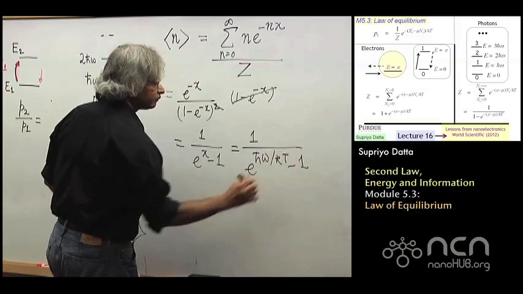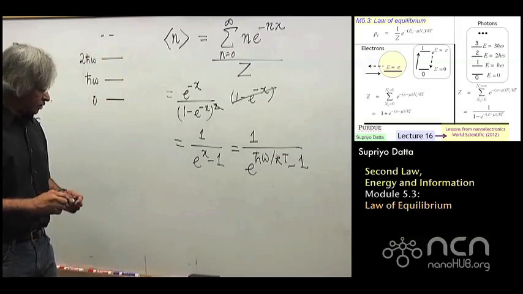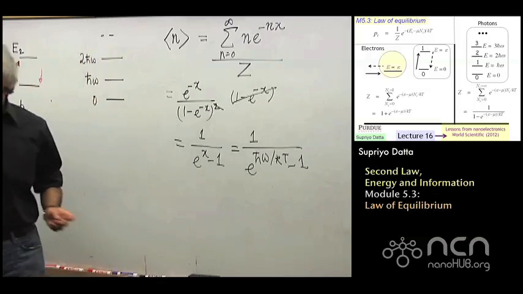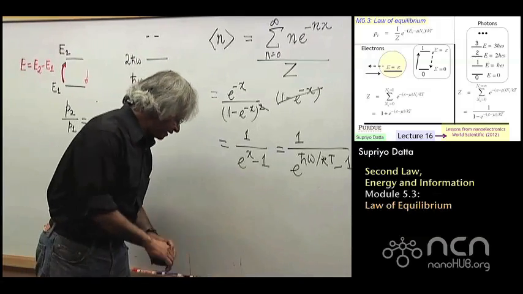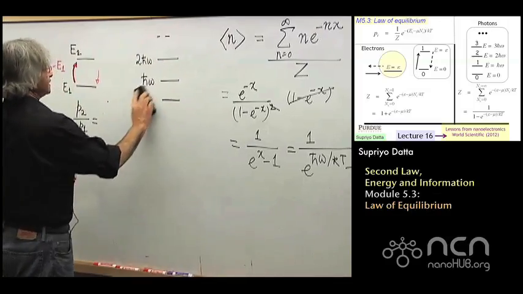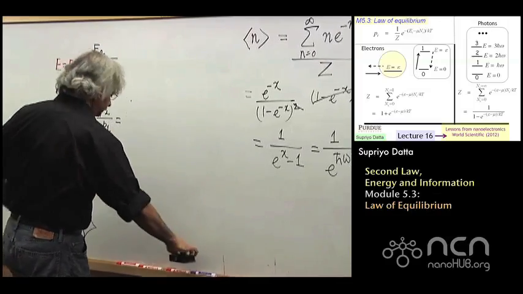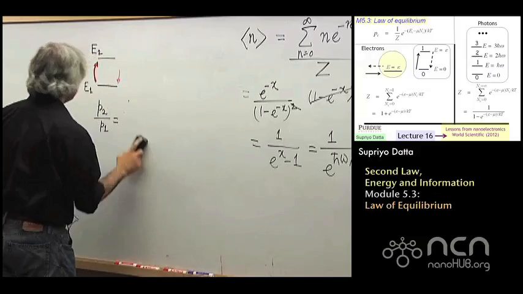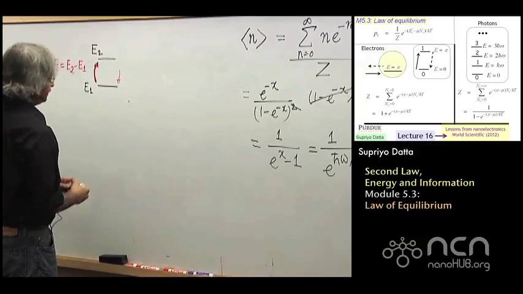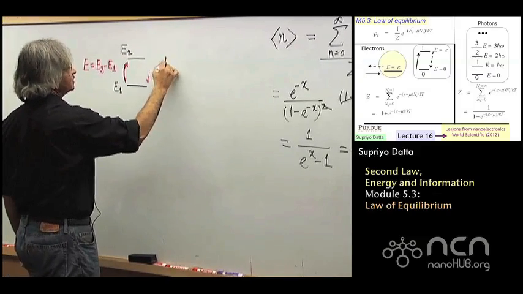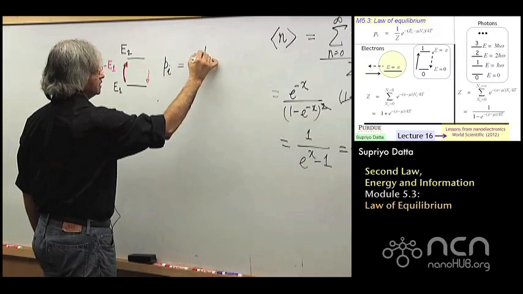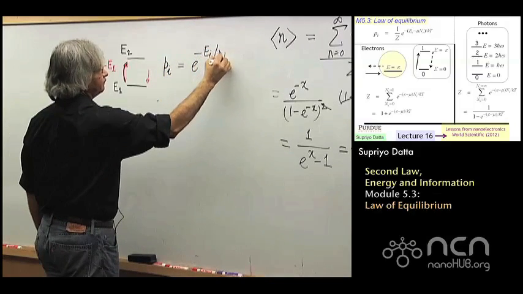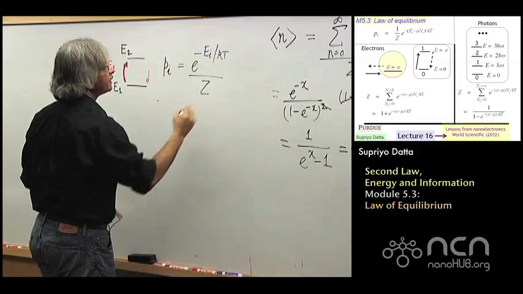The point I'm trying to make here is that we had this general law of equilibrium, which says that any system, if it has a bunch of states available, will occupy these different states according to a probability given by e to the power minus Ei over kT divided by z.